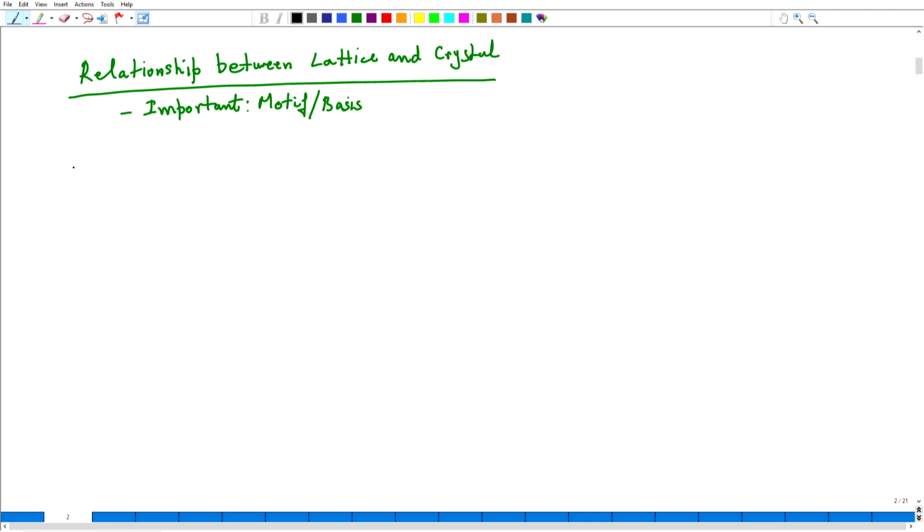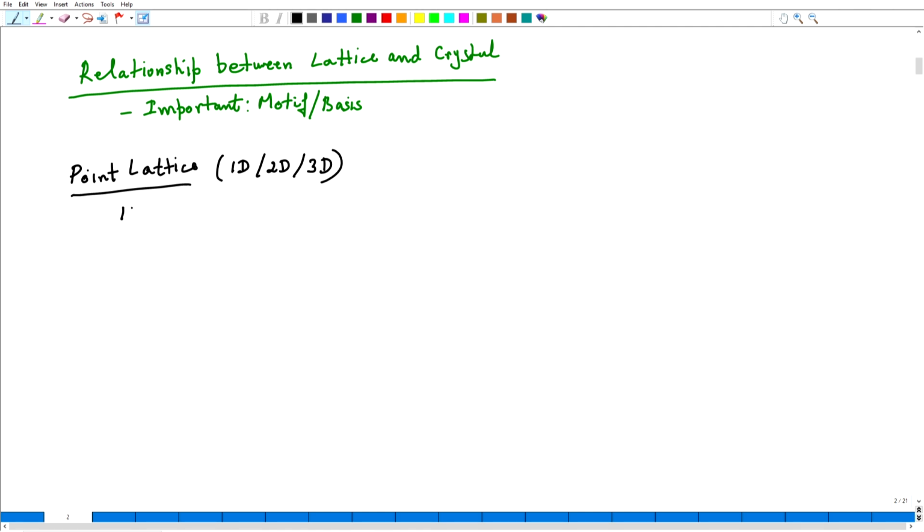Lattice, sometimes it is also called as a point lattice. And as I had indicated earlier, this could be 1 dimension, 2 dimensions, or 3 dimensions. Let us take an example in 1 dimension first.